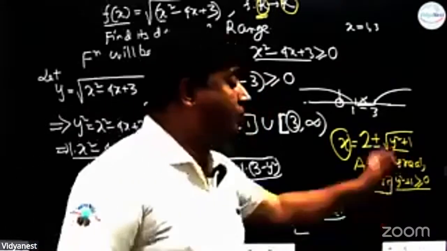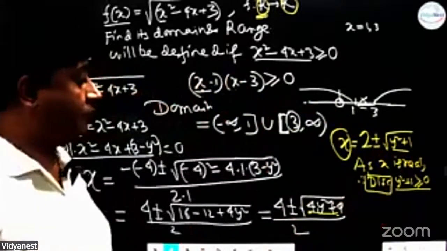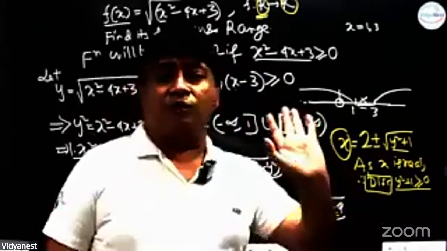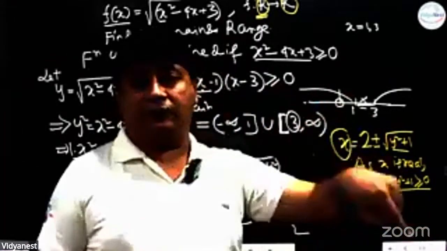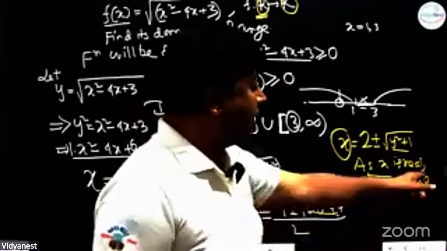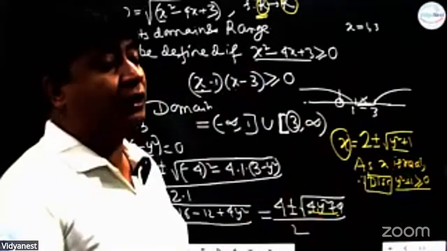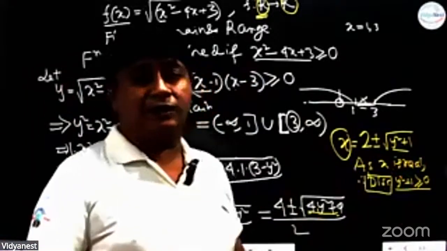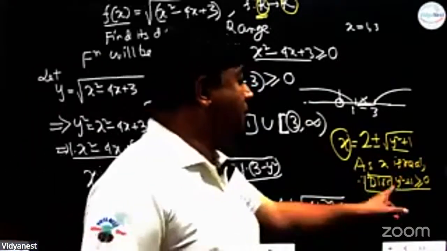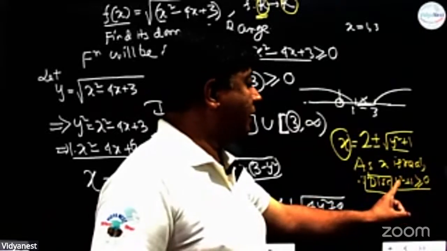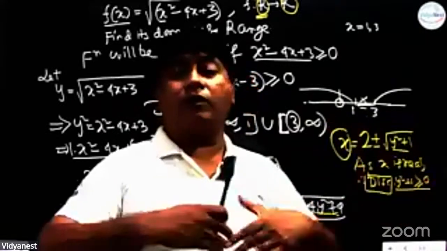Now you have got y square plus 1 as the discriminant, greater than or equal to 0. For what value of y will it be possible? Any value according to your wish you can put in place of y. Always it will be greater than 0 because y's power is 2, an even number. If you put plus or minus, whatever it be, it will be plus, and that will get added with 1. It is automatic.